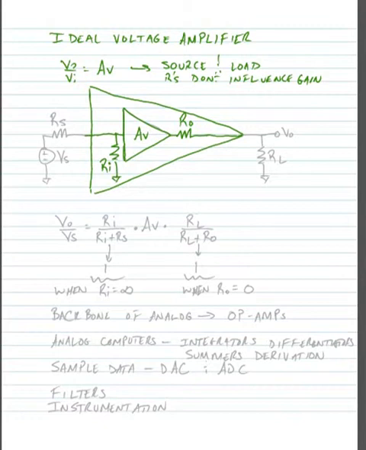So here AV is an ideal amplifier that has a voltage gain of AV, and we have an input resistance and an output resistance to this amplifier.